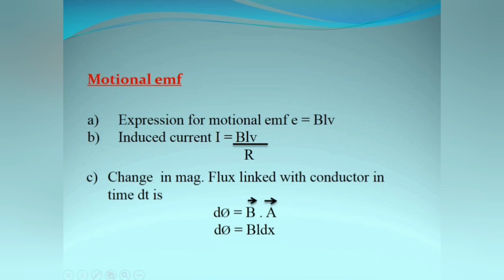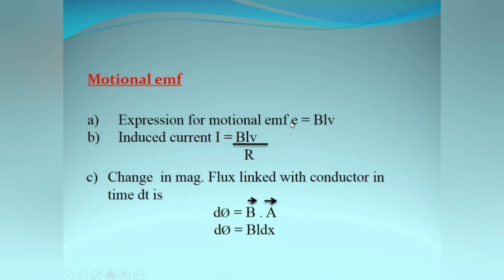When we consider a conducting rod moving in a uniform magnetic field, because of the changing magnetic flux linked with that conductor, induced EMF takes place. We can call it motional EMF, and it is given by the equation E equal to BLV.